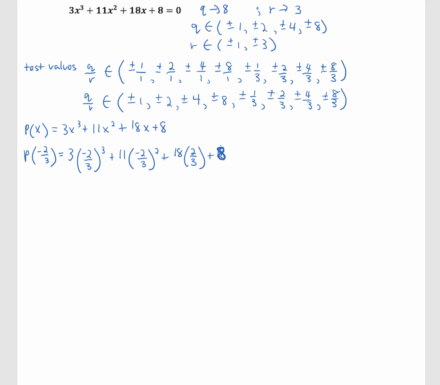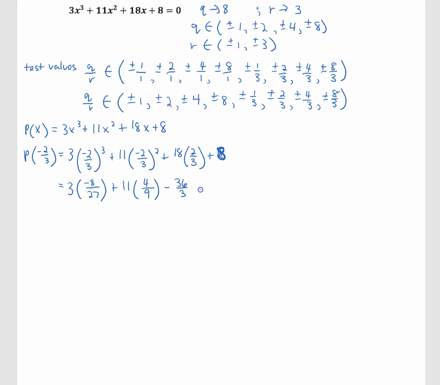Right? Okay, so putting this cubed into the top and bottom of this fraction, -2 cubed is -8, 3 cubed is 27. Putting the squared in, -2 squared is 4, 3 squared is 9. 18 times 2 is 36.